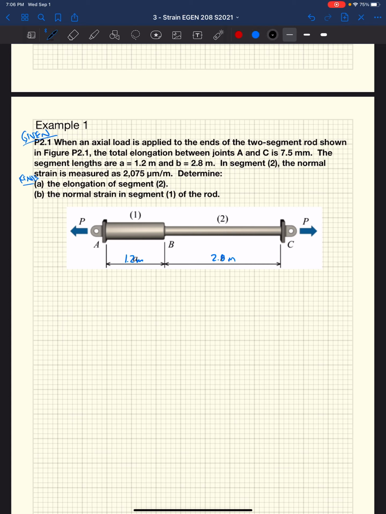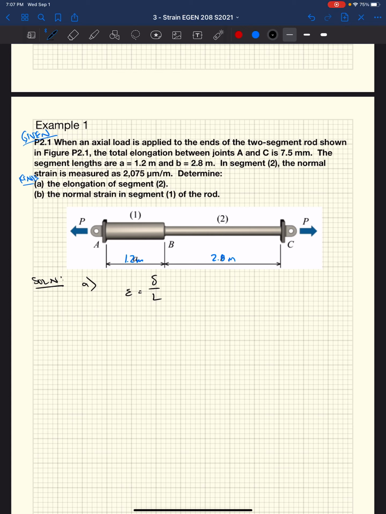So if we start with our solution, homework setup, and we're looking at A, the elongation of segment 2. Well, we're talking about strain, and if we start with our known equation, which we can all find in our appendix that I posted to D2L or in the text, appendix E, I believe it is, which is our list of equations, when we're talking about strain or epsilon, it's delta over L. And so we really want to know what the elongation of segment 2 is.